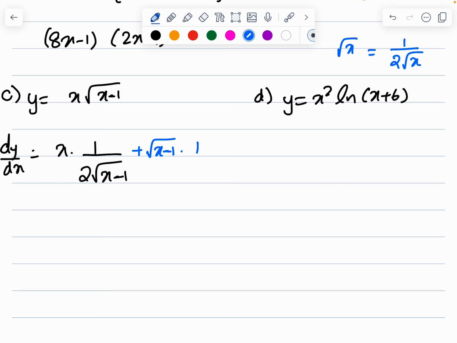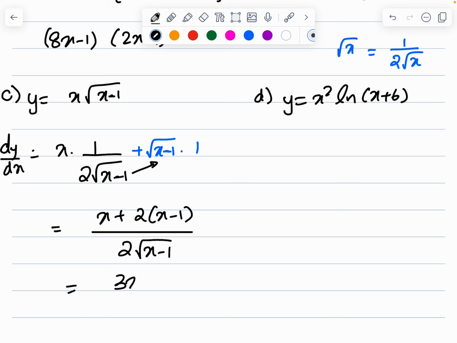So what can I do? I can take the common denominator. Common denominator is 2 square root of x minus 1. So x plus, cross multiply, 2 times square root of x minus 1 times square root of x minus 1 is x minus 1. So what is the final answer? 3x minus 2 upon 2 square root of x minus 1.